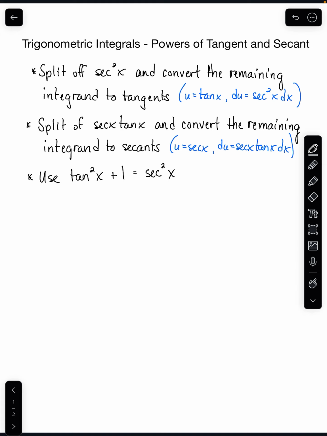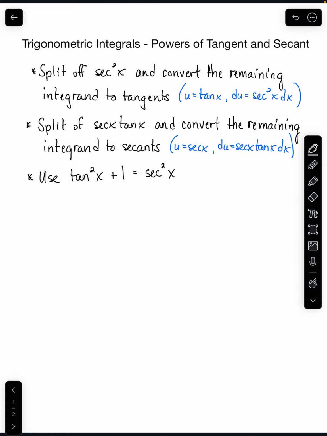So we have to be careful when we're splitting off two factors of secant, or when we're splitting off one power of secant and one power of tangent, that we are leaving in the integrand an even power of whichever one we're trying to convert.